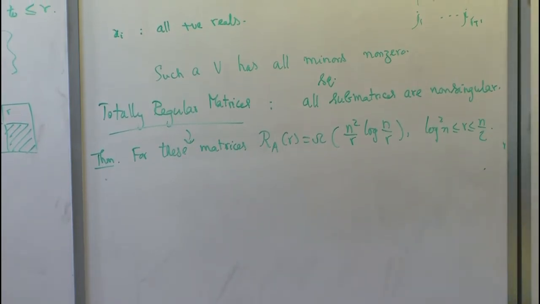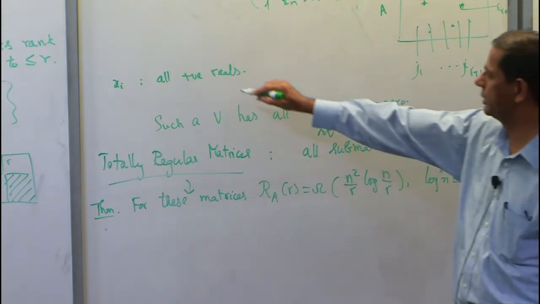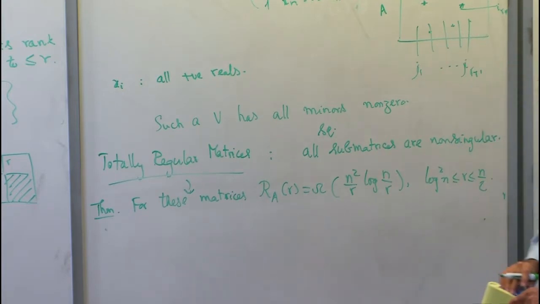For a reasonable range of target rank r, you get that bound. That bound is far from what we want, but unfortunately, that's the best we know so far for explicit matrices. And there are many such matrices. Here is one example, and there are a couple more examples in the homework.